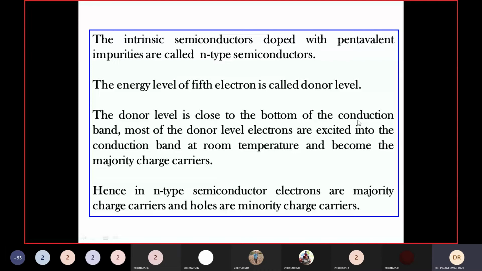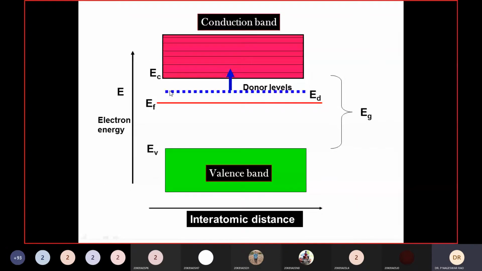Understood? Now see here. The energy of this donor level is just below the conduction band.